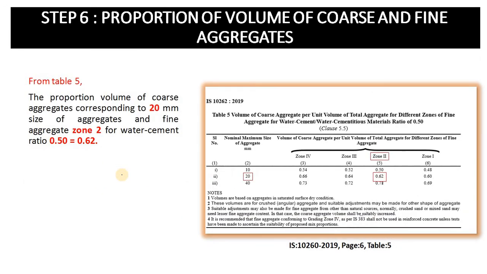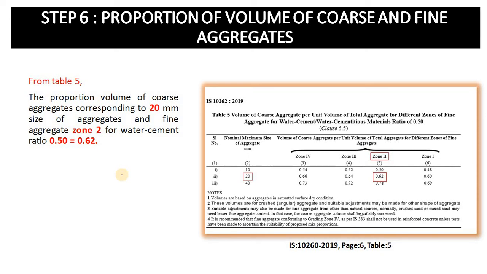Next, moving on to step number 6, which is the volume of coarse aggregate and fine aggregate. The proportional volume of coarse aggregate corresponding to 20 mm size of aggregate and the fine aggregate zone 2 for water cement ratio 0.5 is equal to 0.62.